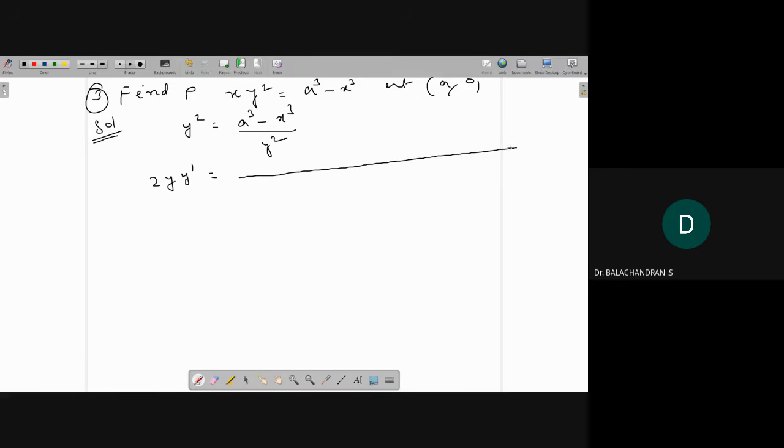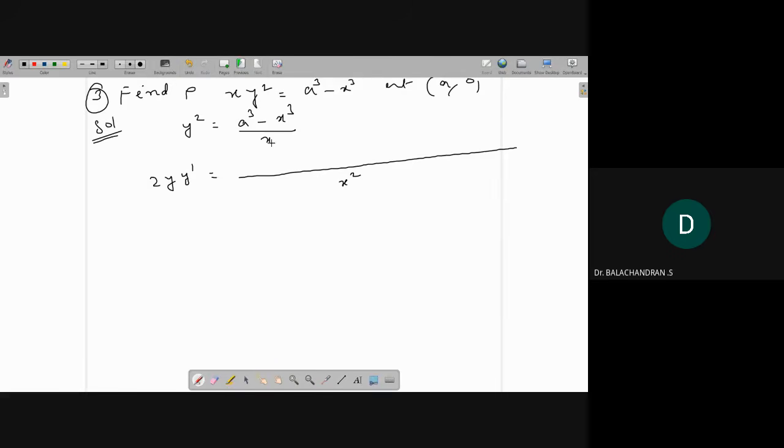So u by v method. If I have done any mistake, please point it out. If you square the denominator, you'll get x square.